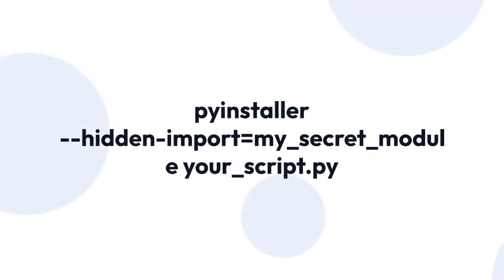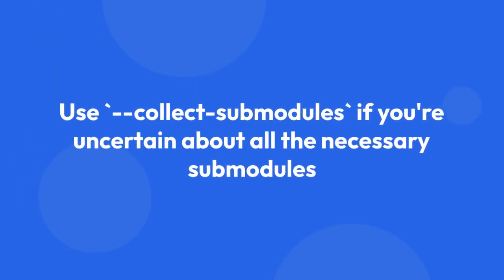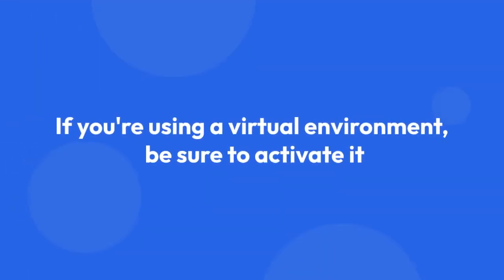For example, if your project uses a module called my_secret_module, you'd run PyInstaller with --hidden-import=my_secret_module your_script.py. Use --collect-submodules if you're uncertain about all the necessary submodules. If you're using a virtual environment, be sure to activate it before running PyInstaller.